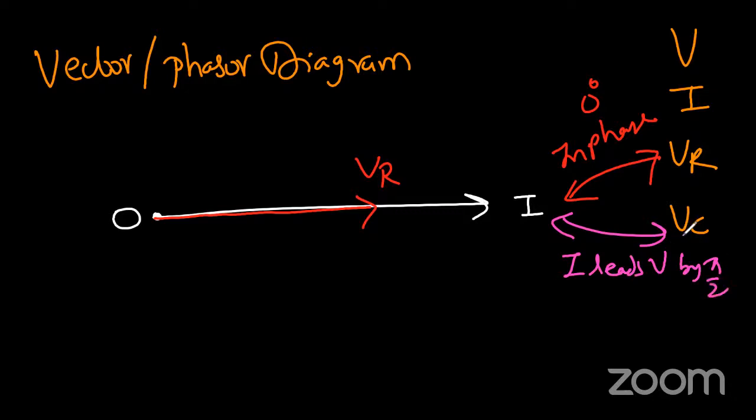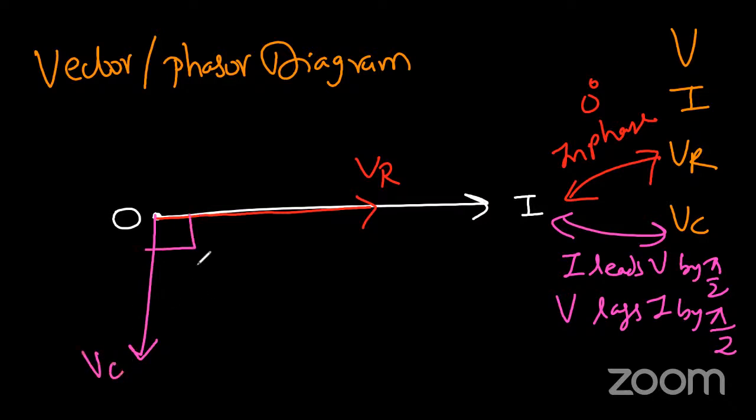After that, I and VC. In the capacitor, current leads voltage by pi by 2. In the capacitor only, because we are only concentrating on VC. So I leads V by pi by 2. But I is already drawn, so we can change the statement: V lags I by pi by 2. So voltage VC will lag the current by pi by 2. Lag means downside. So I can draw the VC downside by pi by 2.